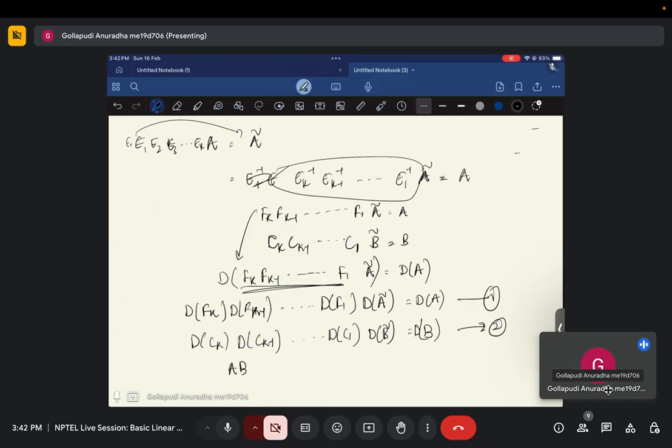Similarly, for the AB matrix, there are some elementary operations. Can I write it like this?